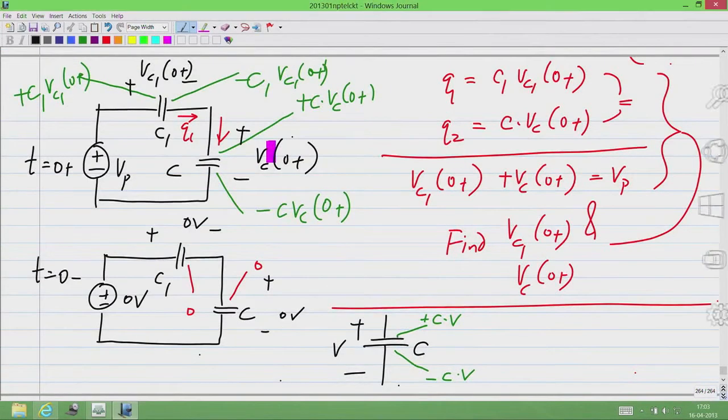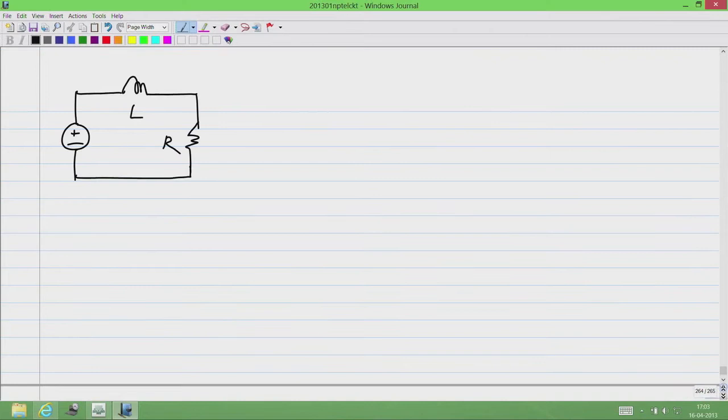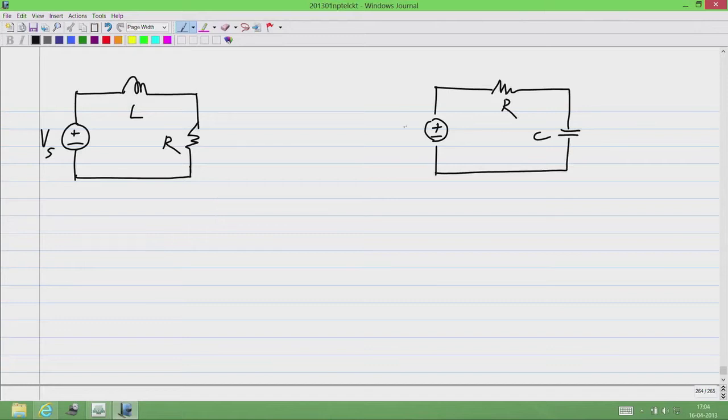And you can compare that to this RC circuit. Okay. And in both cases, I will take Vs jumping from 0 to Vp.